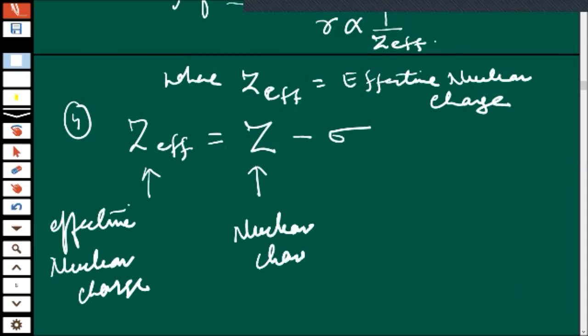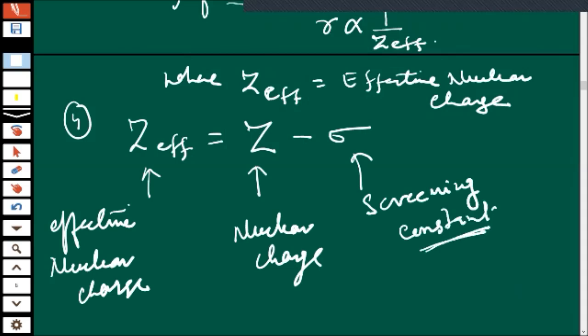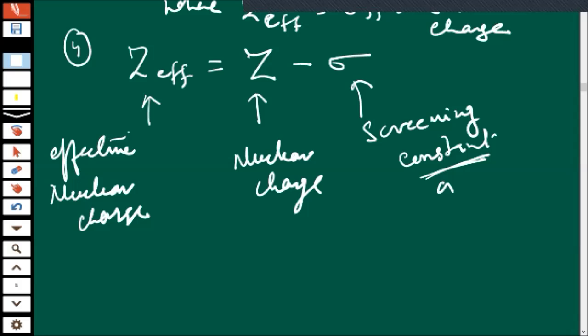See, one is nuclear charge and the other one is effective nuclear charge, and this is what? This is known as screening constant or shielding constant or shielding effect.